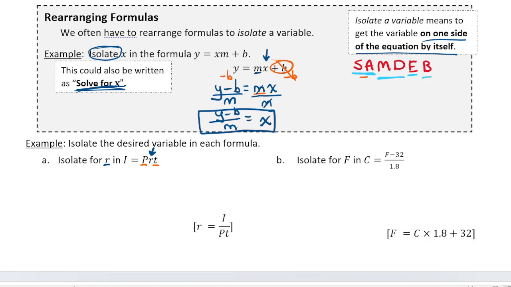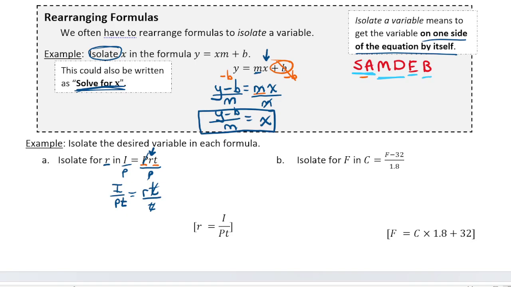So let's get rid of the P first. P is multiplying. I'll divide by P, and whatever I do to one side, I do to the other. P divided by P is 1. So we have I divided by P is equal to RT. And then I have to get rid of the T, so I have to divide by T. Whatever I do to one side, I have to do to the other, and it just goes in the bottom.